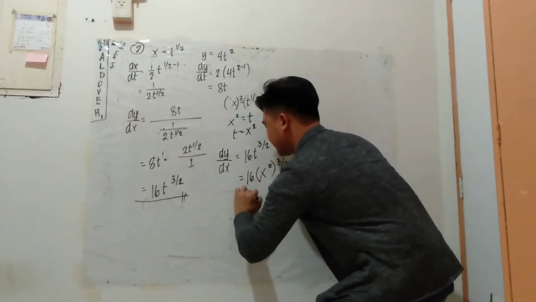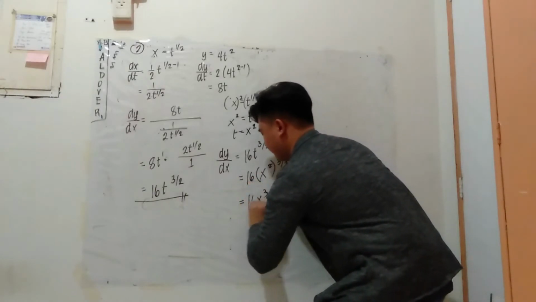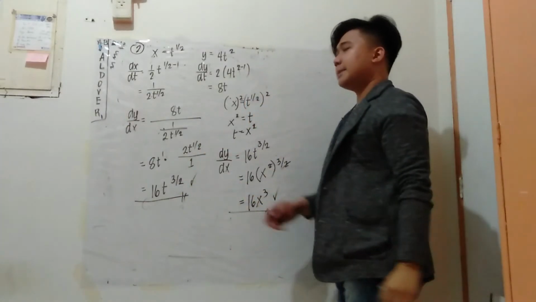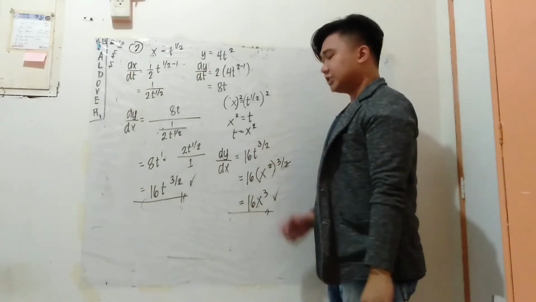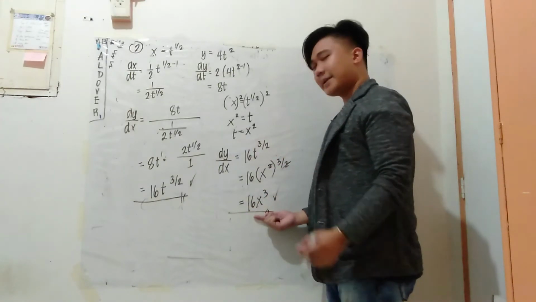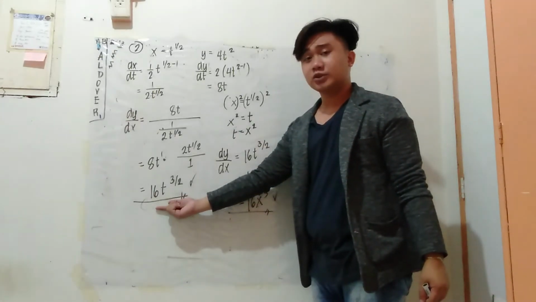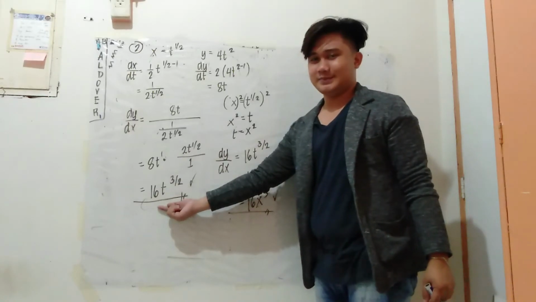At ang lalabas sa sagot natin ay 16x cubed. So, tamang sagot to, tamang sagot din to, depende na lang kung paano kayo tinanong sa exam. Pag sinabing in terms of x, edi ito. Kapag wala namang in-specify, edi tama na po na tumigil na kayo dito ng pag-solve. At ito na din yung sagot mo.